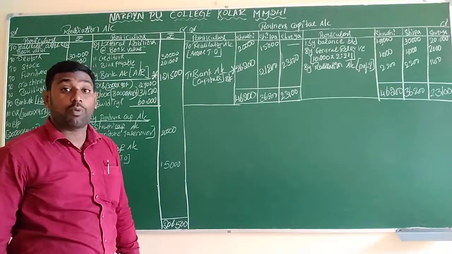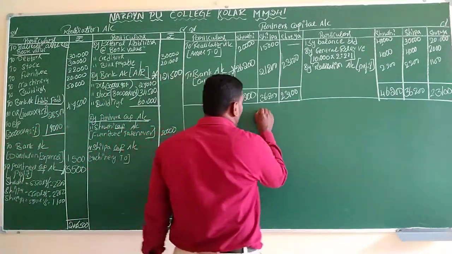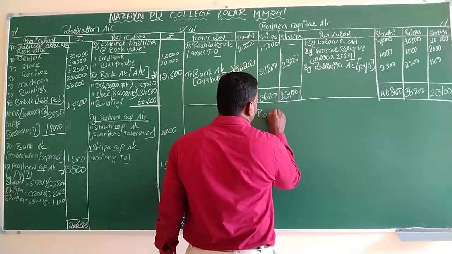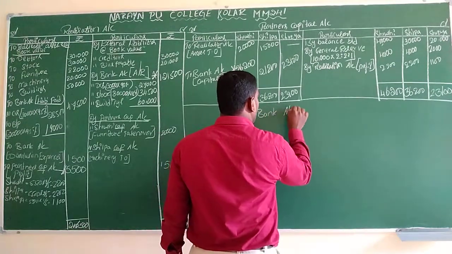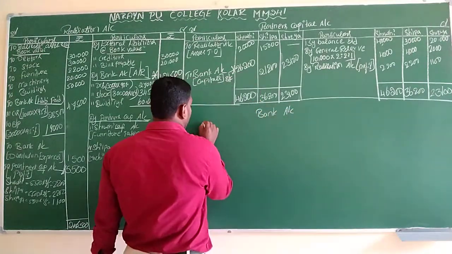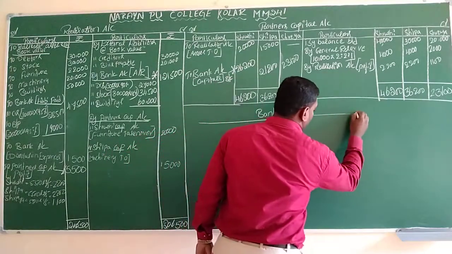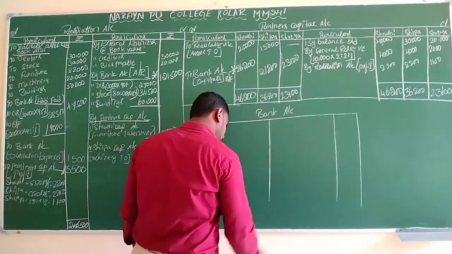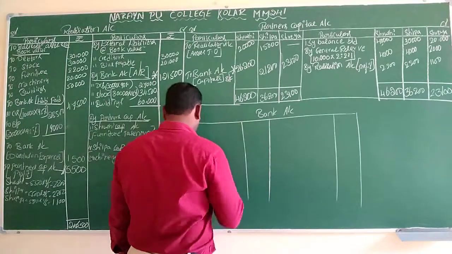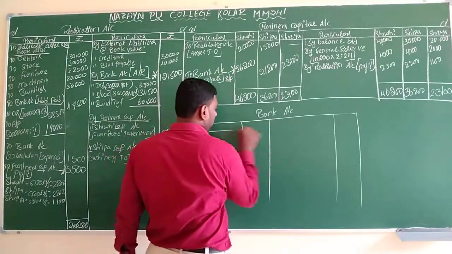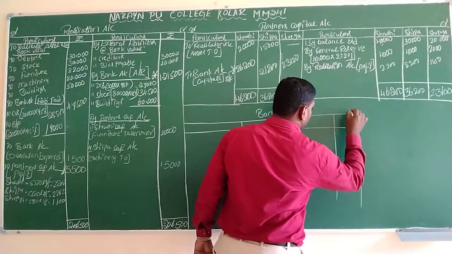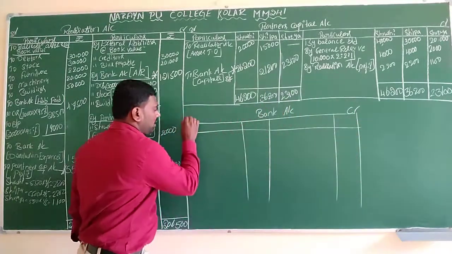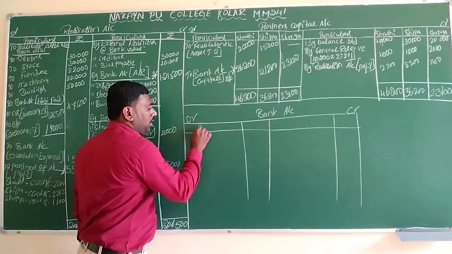Let's move to one more account, which is the bank account. And we will draw the columns for the bank account. We should fulfill all the conditions. Debit and credit we should write.